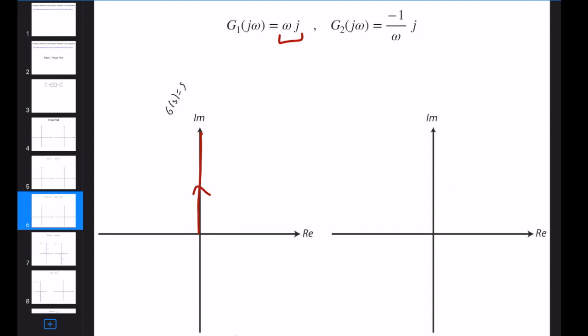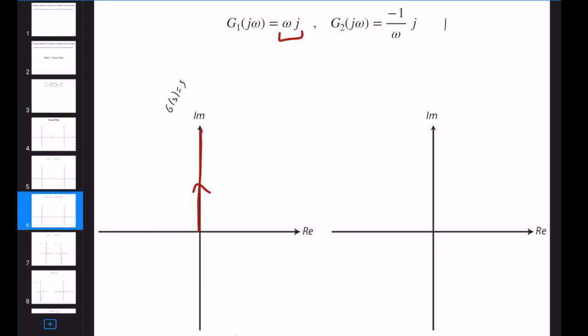But here we have a similar but different mapping. First of all, the real part is always equal to 0, so it will be on the imaginary axis. Since omega is greater than or equal to 0, it is always located in the negative part of the imaginary axis, so we will cover this region.